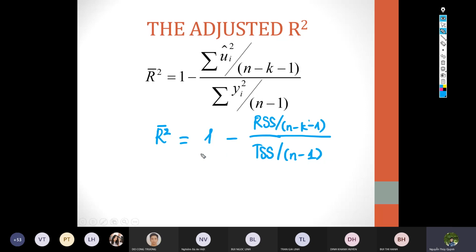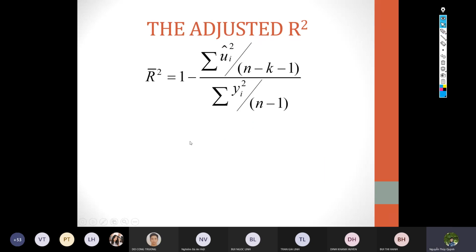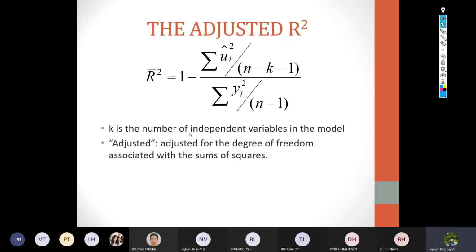So this is our adjusted R square. K is the number of independent variables in the model, and n is the sample size. Adjusted here means adjusted for the degrees of freedom of the sums of squares.